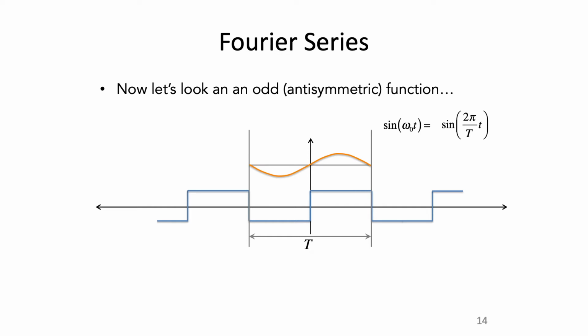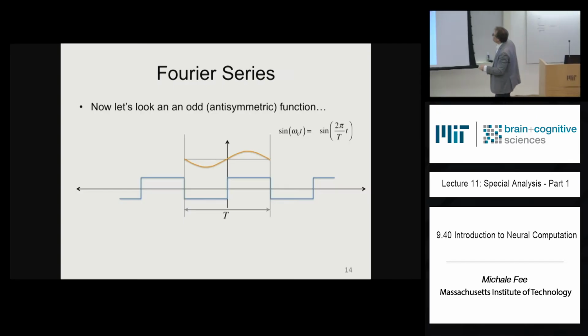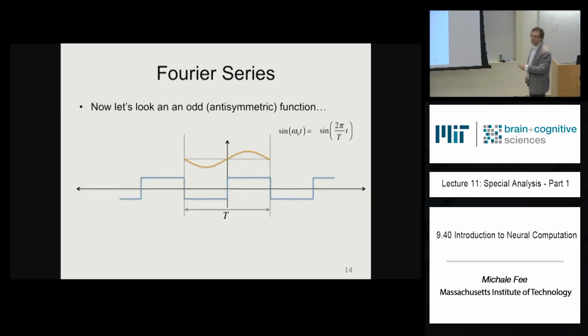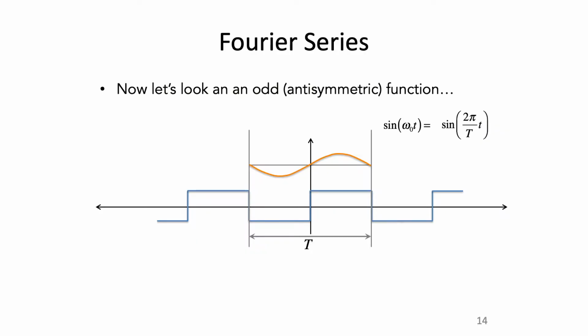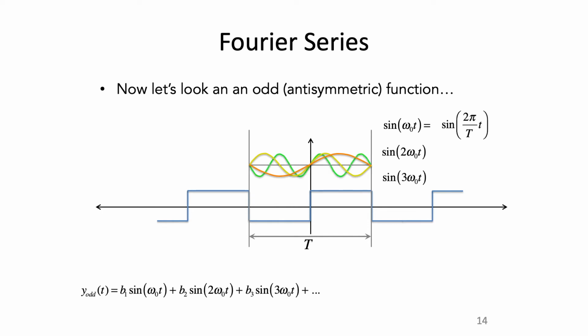And we're still going to consider functions that are periodic with period T. We can take any anti-symmetric function and approximate it as a sum of sine waves of frequency 2 pi over T, or again, omega naught. All right? And integer multiples of that omega naught. Okay?